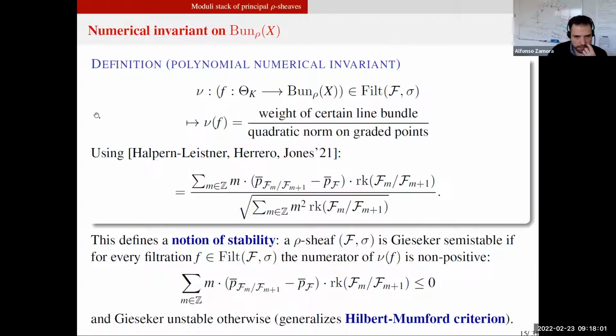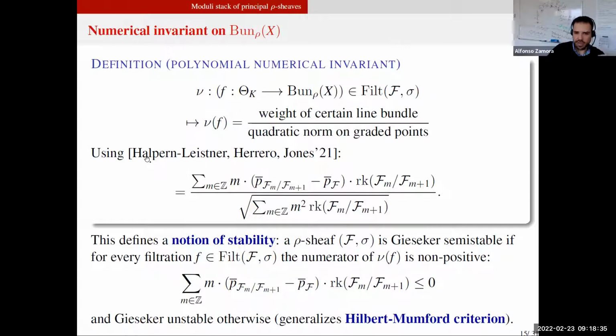In the stack, we have what is called a numerical invariant, and in this particular case, for this stability condition, it is a polynomial numerical invariant, which is a function taking one of these theta filtrations and assigning a fraction where the numerator is the weight of a certain line bundle constructed in the stack. The definition is a bit involved, so I also skip it. And the denominator is a norm on a certain cohomology group. This is a polynomial because the weight turns out to be a polynomial.